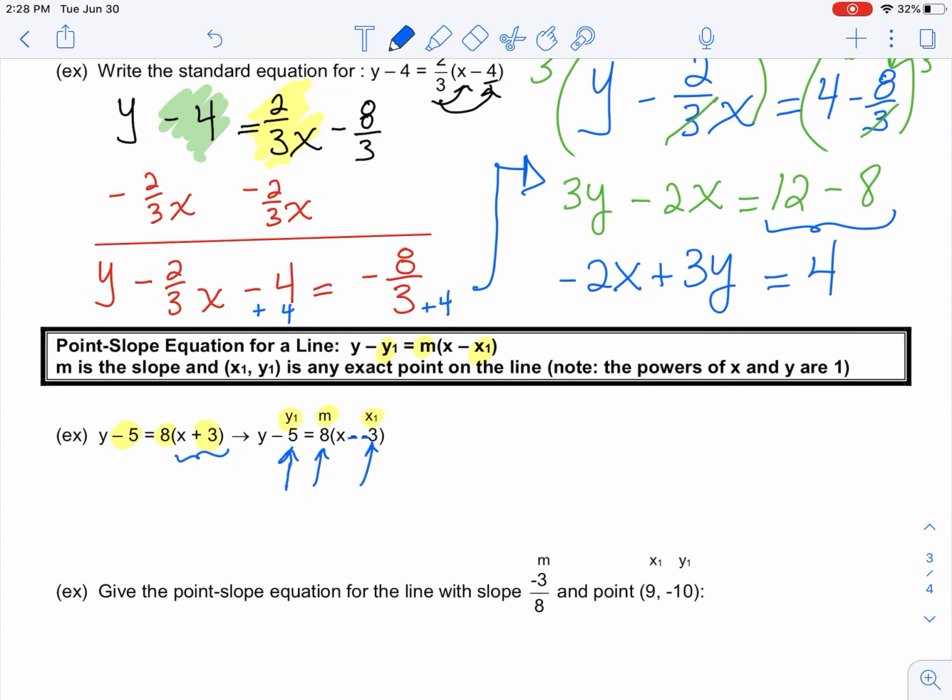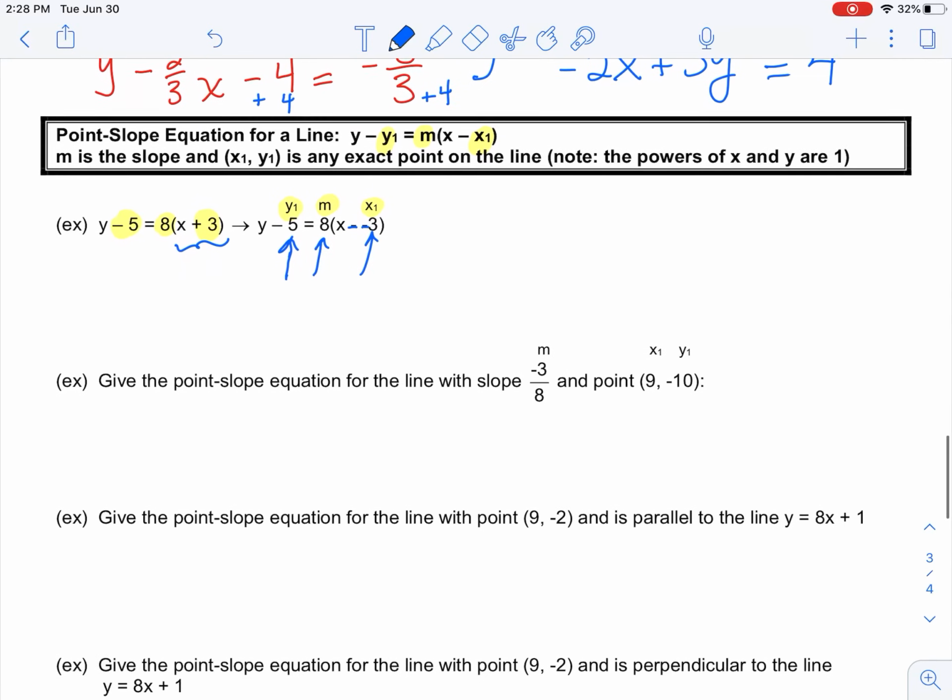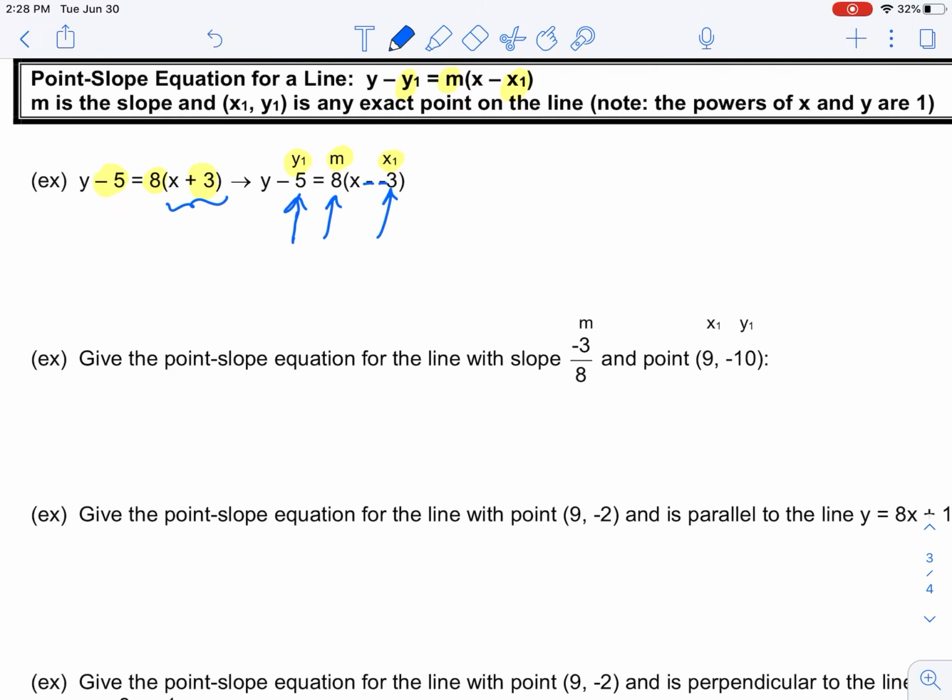So looking at some examples. Give the point-slope equation of the line with the slope negative 3/8 and a point 9, negative 10. All right, so the equation is y minus y sub 1, which equals m.